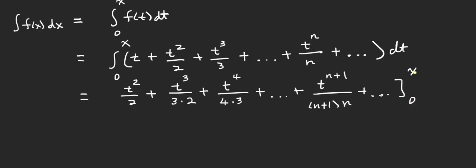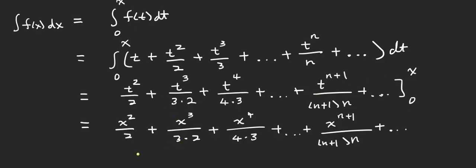And then we need to plug in x and then subtract after plugging in 0. You get this. Notice when you plug in x, all the variables t turn into x, minus when you plug in 0, all the terms go to 0. So this is the power series for the integral of f of x.